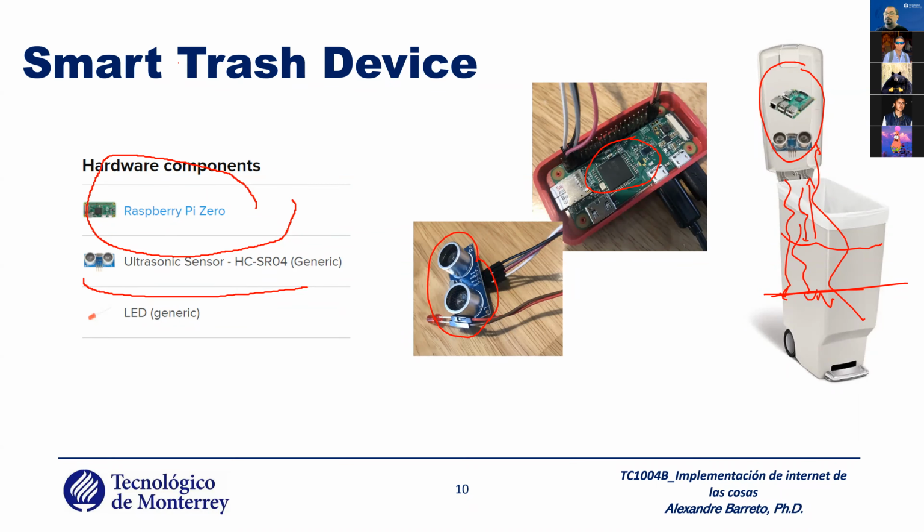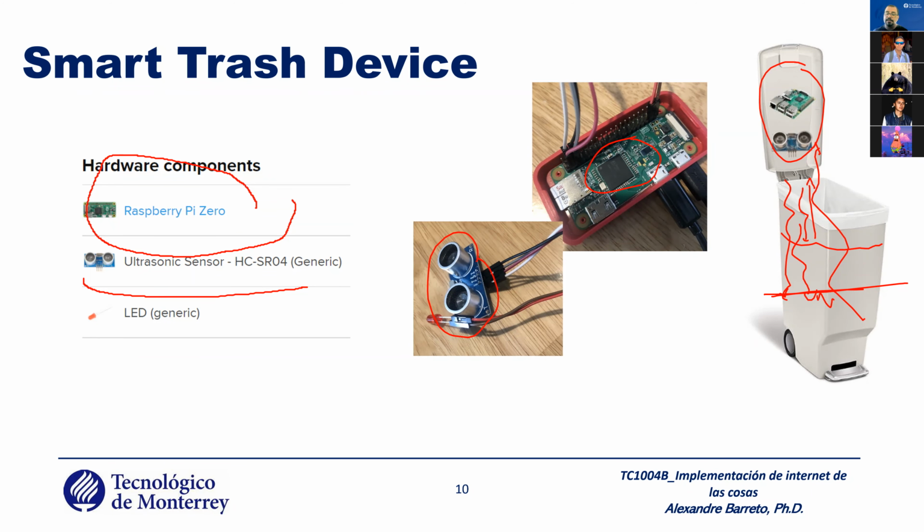Why don't we use the Arduino in this implementation? Because you don't need to do a lot of things. There are two reasons. Raspberry is much easier to configure and program. It's very easy to work with here.